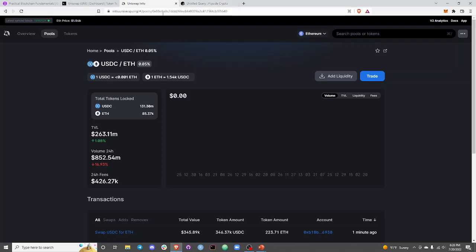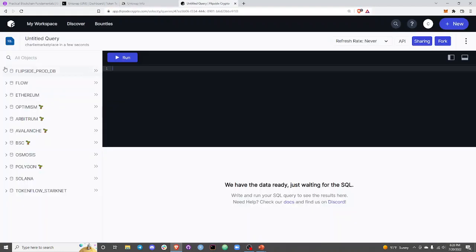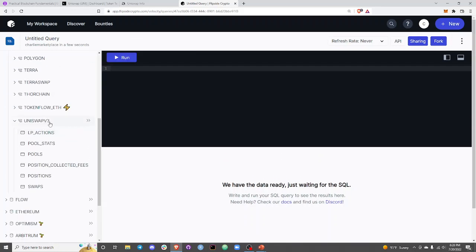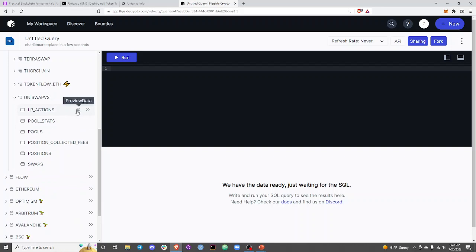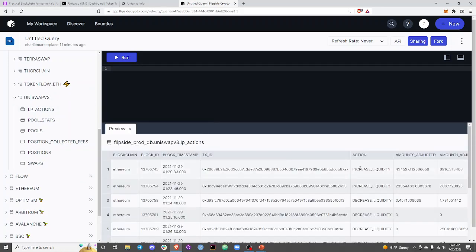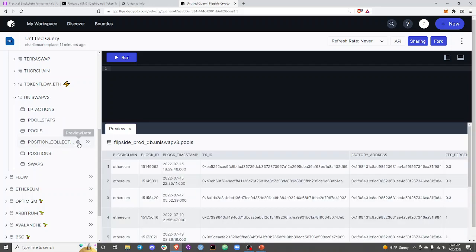So let's grab this pool and check out some potential data. Inside the Flipside Prod DB, I just happen to know this already, there's a Uniswap v3 table. Here's people depositing assets to pools, increasing liquidity, decreasing liquidity, putting more money into their piles, taking money out of their piles for trading. Pools, fees, positions.